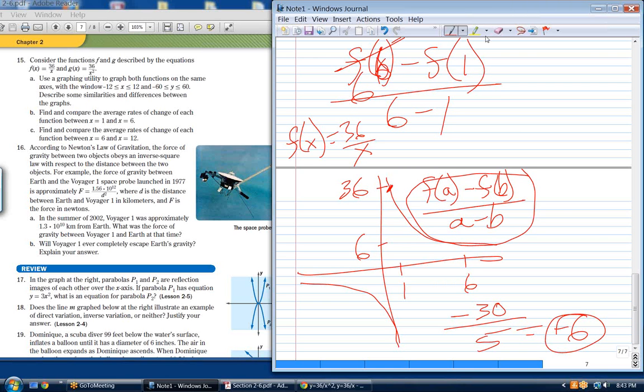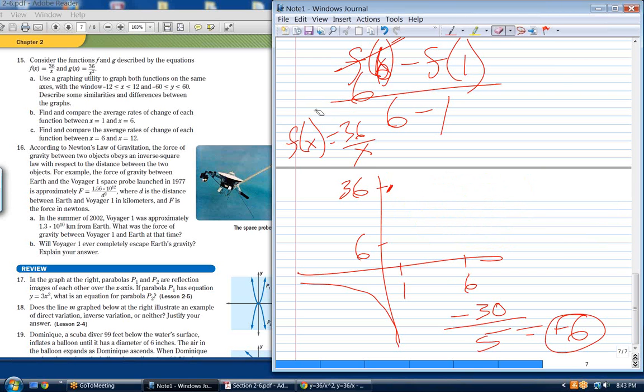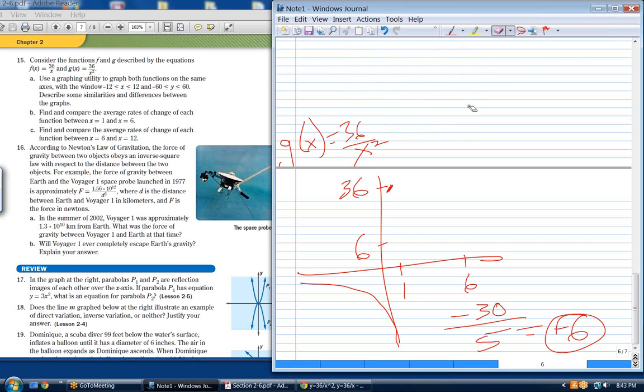Okay, let's look at the function g of x, which is 36 over x squared. So now tell me what the average rate of change is.